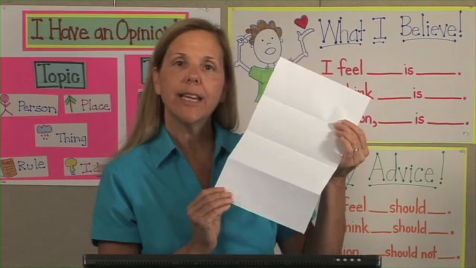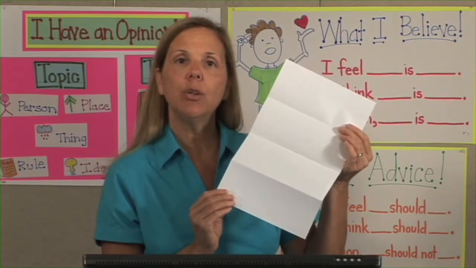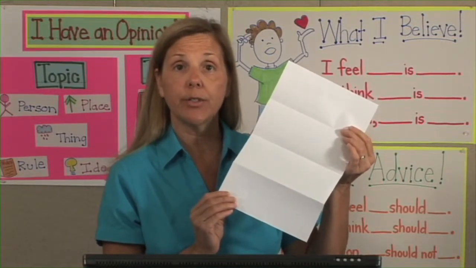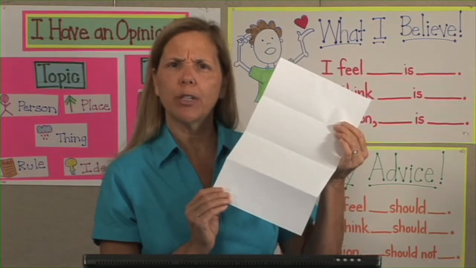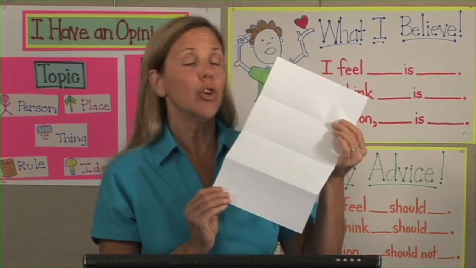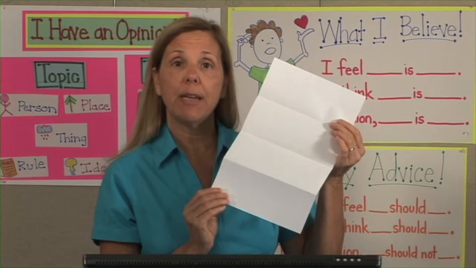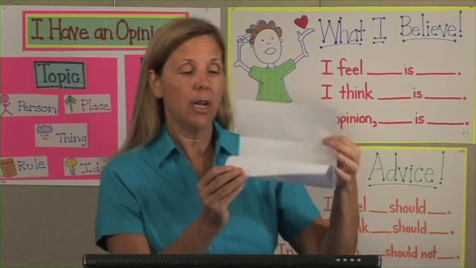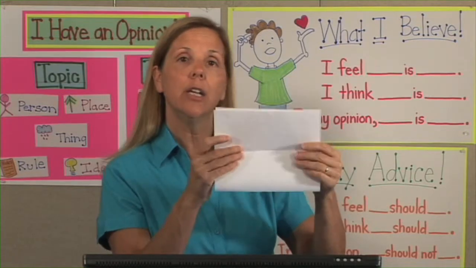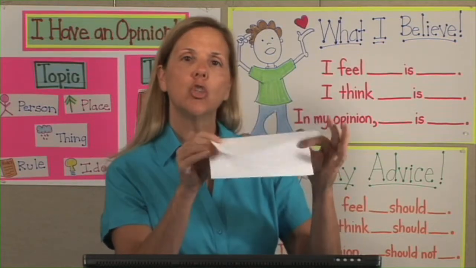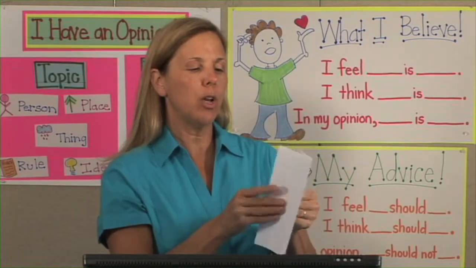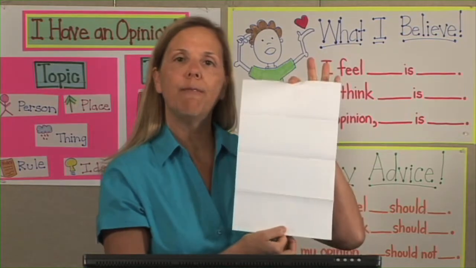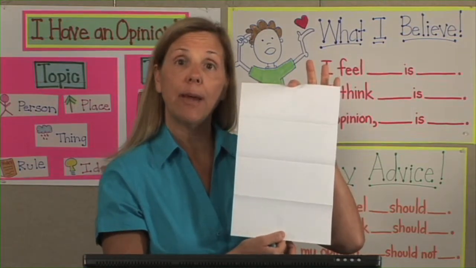What I suggest is once the students have used the black line master organizer so that they know all the parts of an opinion, that you no longer duplicate a copy of that, but instead give them a long sheet of legal size paper that you have folded once, twice, so that when you unfold it, they actually will have 4 boxes on that long sheet of paper.